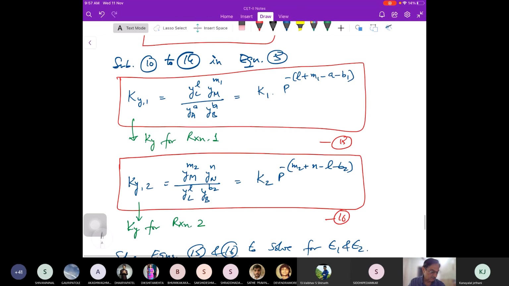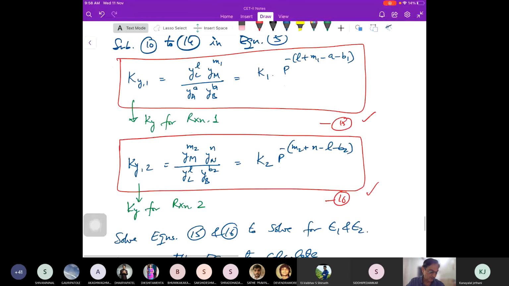And similarly for the second reaction, Ky is yM to the power of M2, yN to the power of N, divided by yL to the power of L and yB to the power of B2, is equal to K2 into P raised to minus the stoichiometric coefficient sum M2 plus N minus L minus B2. So you get these two equations for K for the two reactions.